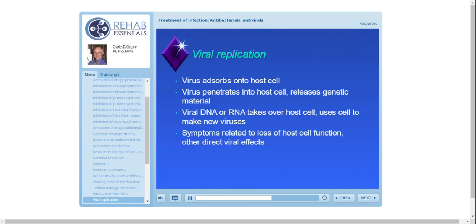And the symptoms, why are they making us so sick, are often related to the loss of the host cell function or other direct viral effects. And again, certain viruses are fairly minor and annoying, others very, very serious and life-threatening. Schematically, we'll see this process in the next slide.